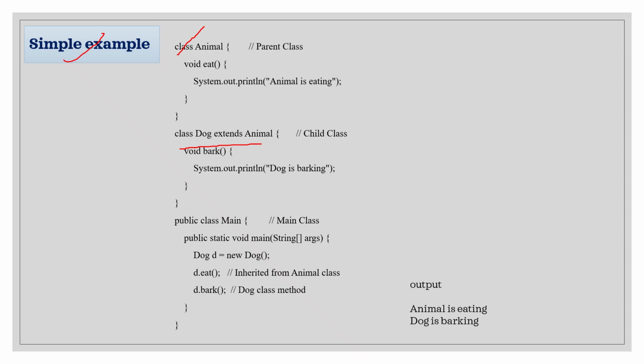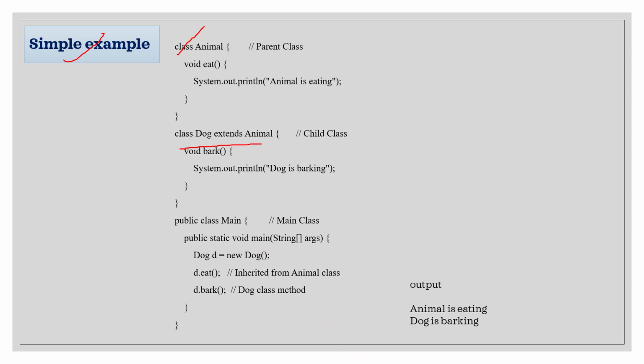That means dog can use the eat method without writing it again. What is the main advantage of inheritance? We can reuse the code instead of writing the same code again and again.